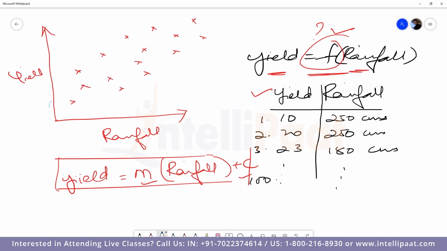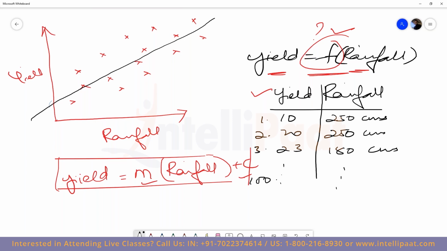I am trying to identify that one single line that cuts through as many data points as possible, or that is as close as possible to as many data points, right? I can create different values of m and different lines, but there is one specific value of m and c which is as close as possible to all the data points, right?